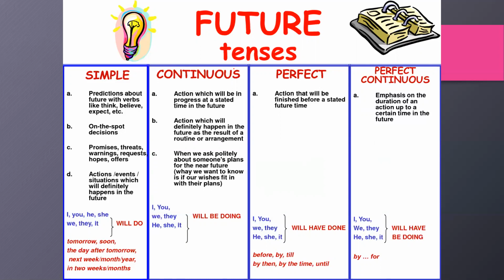So we are using simple future tense. Just like the sun will rise at 6 a.m. Will. We cannot control that thing, right? So the rule is what? Subject plus the first form of verb, and the subject would be the second person or the third person, and before that we will be using will.